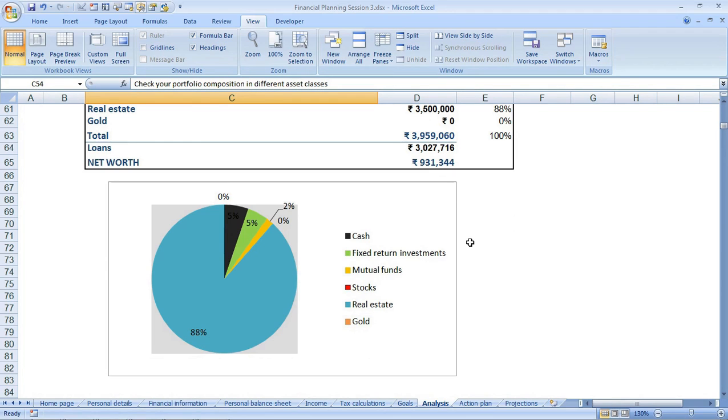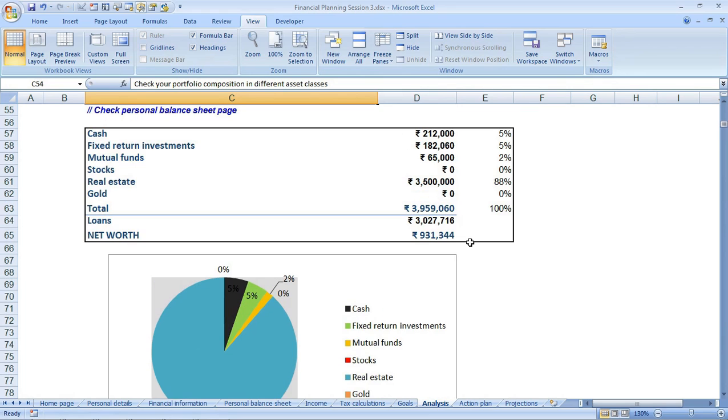Do you have the balance? Is your portfolio completely focused on only real estate or only fixed deposits? Does it have any risky ones like mutual funds or stocks, which might increase your portfolio at a faster pace than real estate or fixed return investments? Overall, a good asset portfolio will have a mix of all asset classes, each with its own purpose to suit your goals. That is the ultimate objective of financial planning.